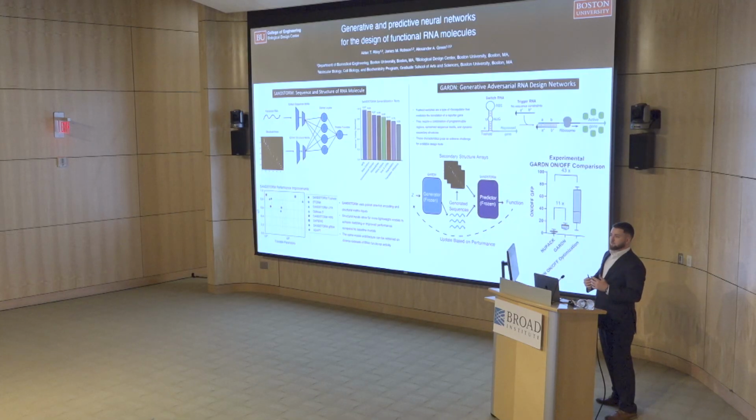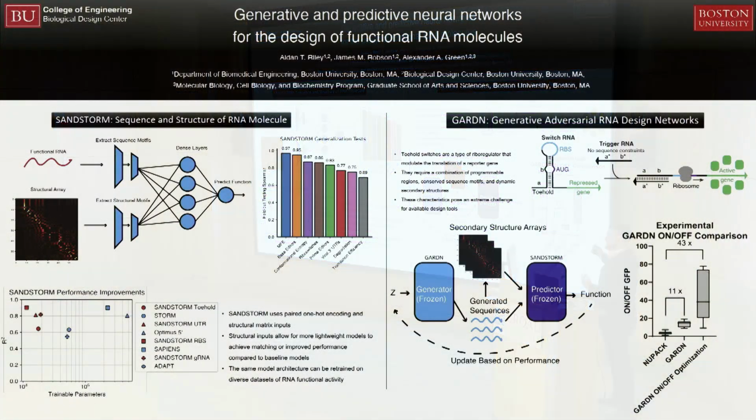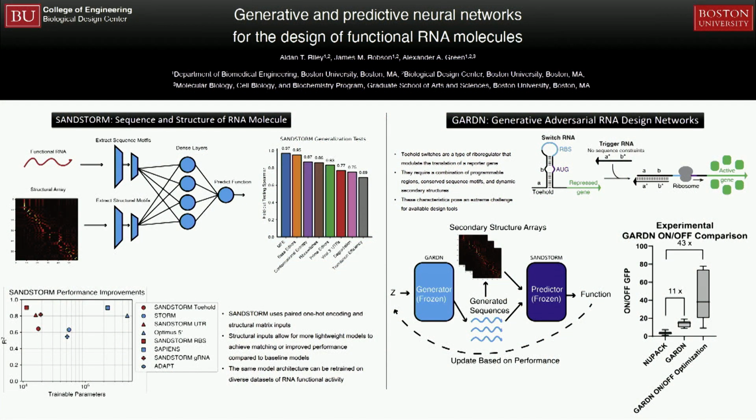And as you can see down here in the corner, we have tested experimentally the sequences returned by our generative program against the most widely used structurally informed inverse design tool. And you can see we get a nice increase of about 43x when we calculate the on-off ratios of these sequences in E. coli. And yeah, that concludes my talk.